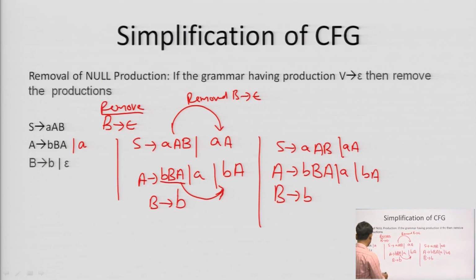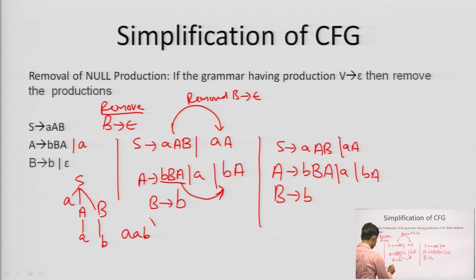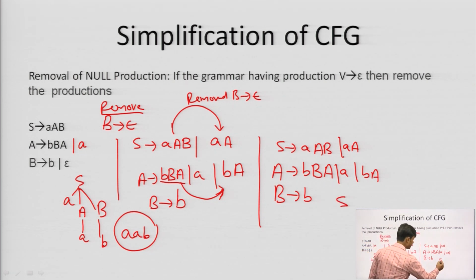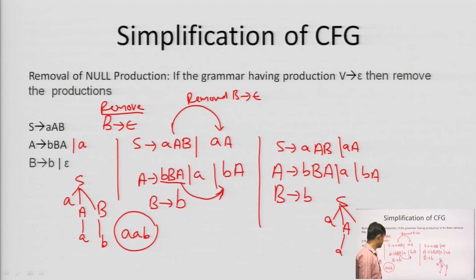You can check a string. Suppose here a string is generated, S to A, then A B. So, let us check, B to another is A to A and B to B. Now, A B is generated by this grammar. So, can it be there? You can check it. Here you can see S to A and this is A to B, and here is the production A to A and B to B. So, A B is generated there.